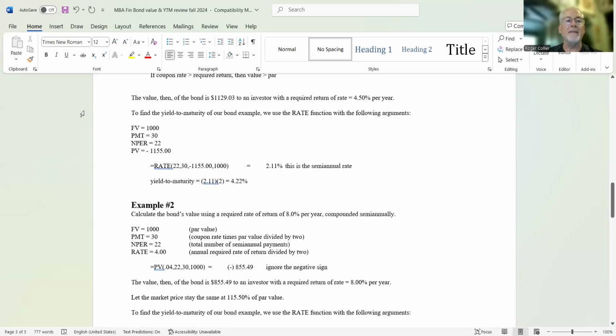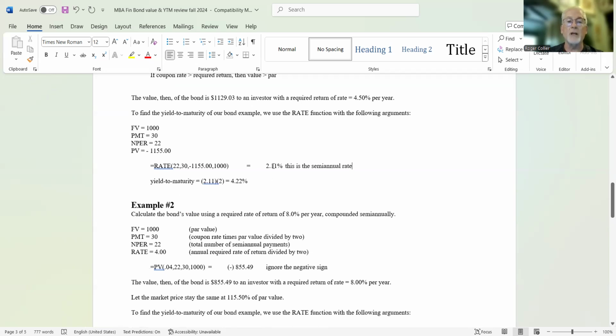All right, and the arguments for equals rate are number of periods, payment, the coupon payment, present value with a negative sign, and future value. All right, you can see it's almost the same as finding the value. The things in those parentheses are almost the same.